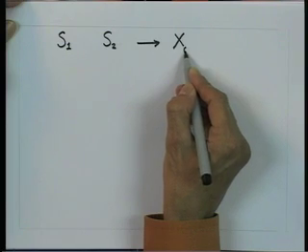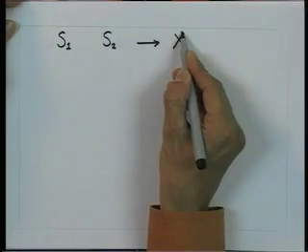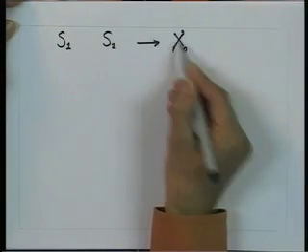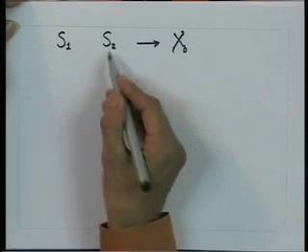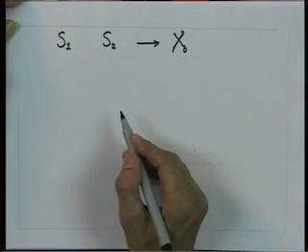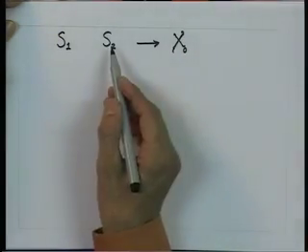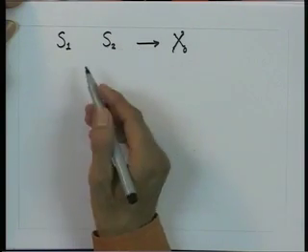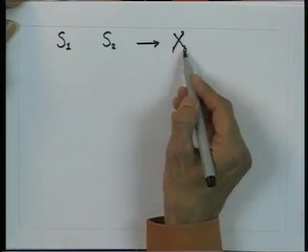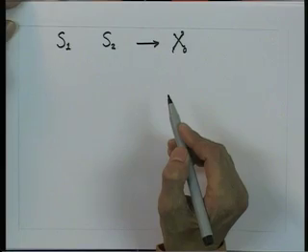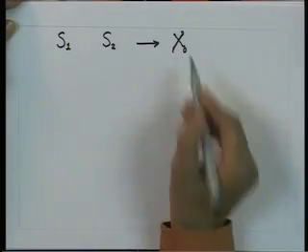Let us call that x0. Both these sequences S1 and S2 could be of the same length or need not be of the same length, and give rise to the code word x0.